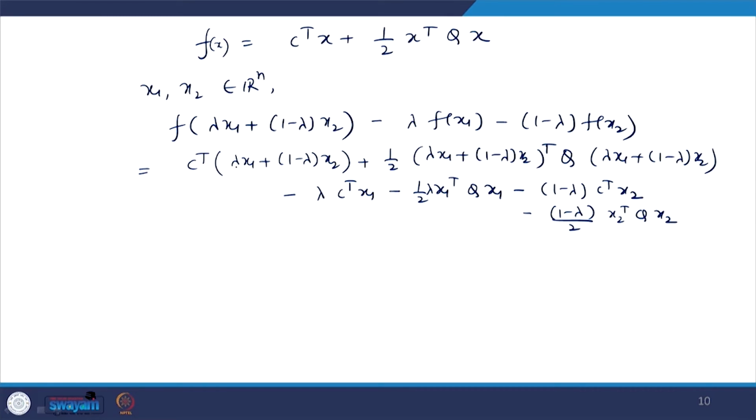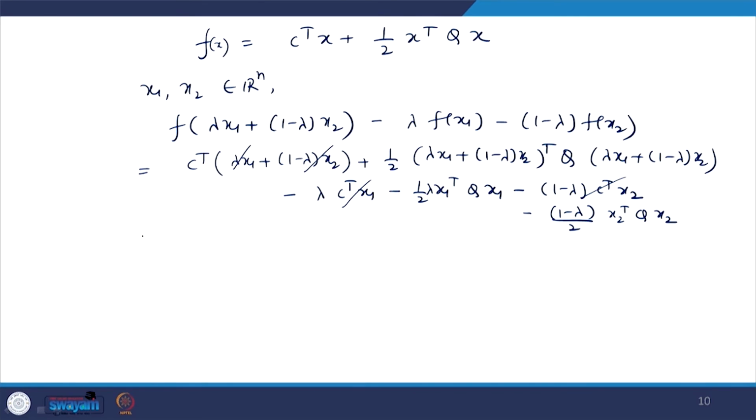This lambda is a scalar quantity and can be taken out. So, this will come out to be lambda times C transpose x1, which will cancel with this term. The 1 minus lambda again will come out, so it is C transpose x2, which will cancel with this term. We are left with these terms.